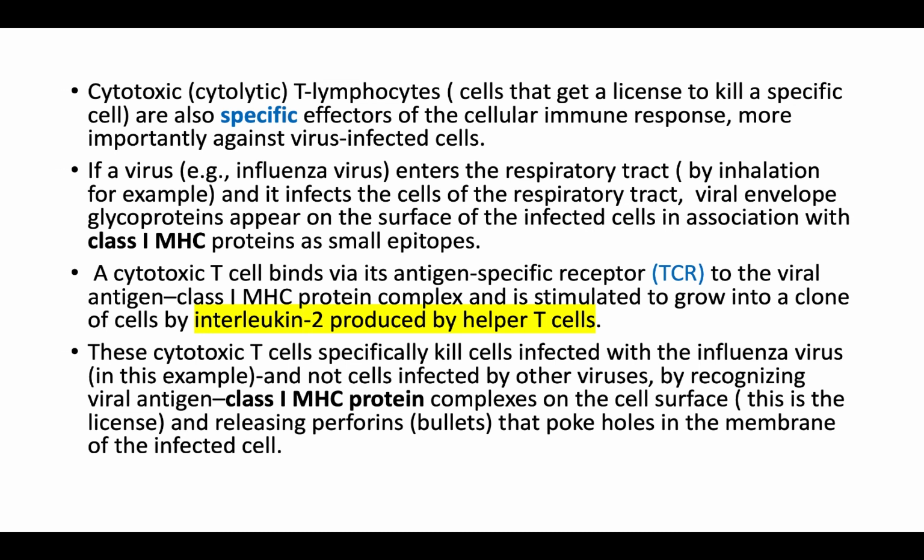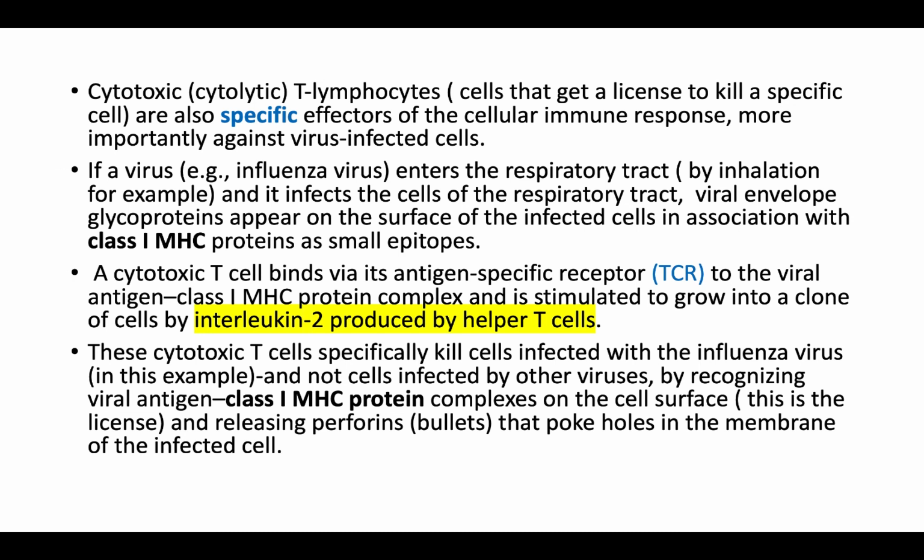And this way I will be able to identify which cells are infected by the virus. So a cytotoxic T cell that has a T cell receptor that is again antigen specific to the viral antigen, class 1 MHC protein complex.